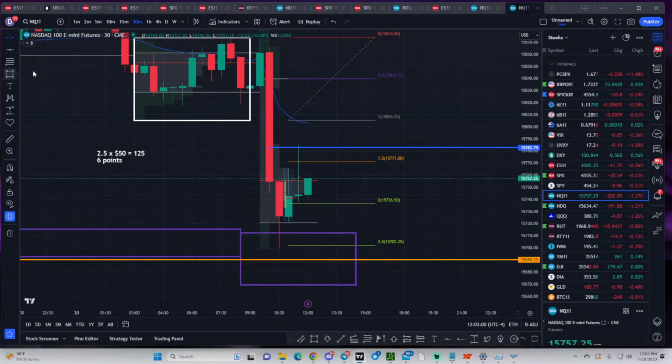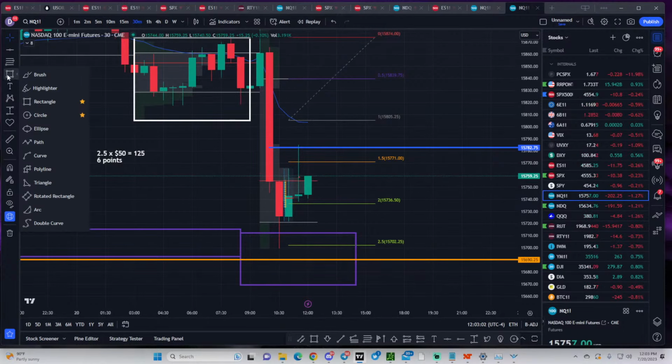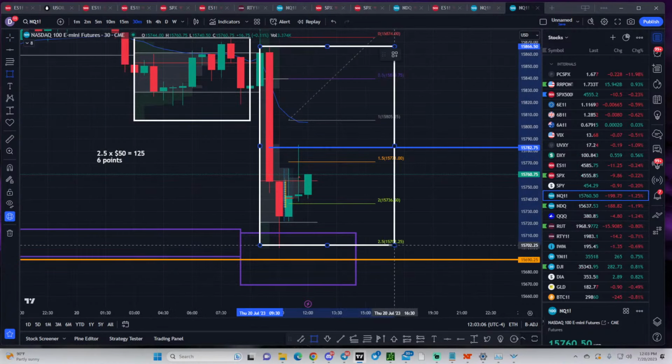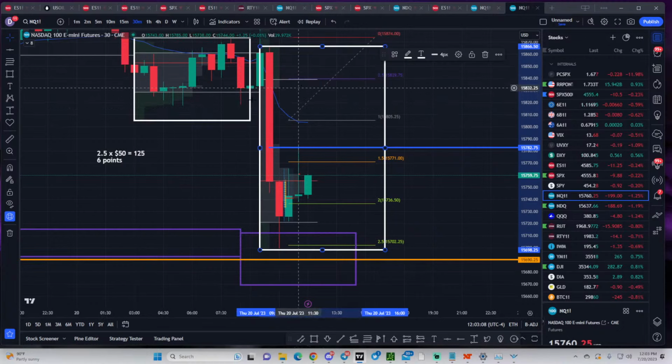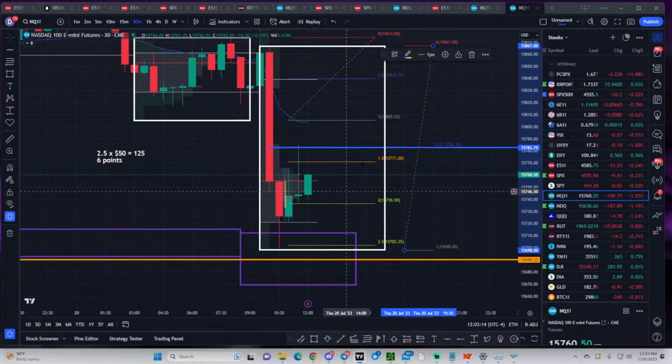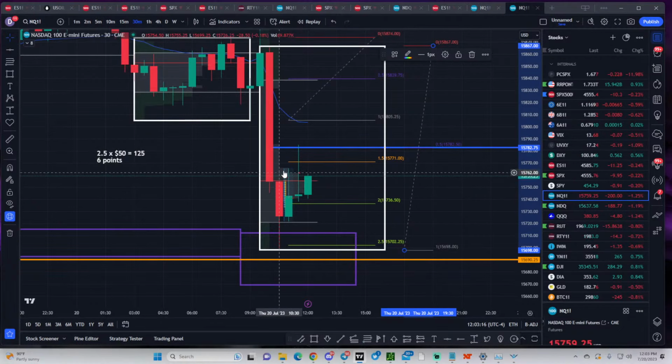I'm already drawing my box for the balance. And I told you that the balance was 50%, right? And that's where 782 came from. 782 came the moment that this candle broke above this candle here.